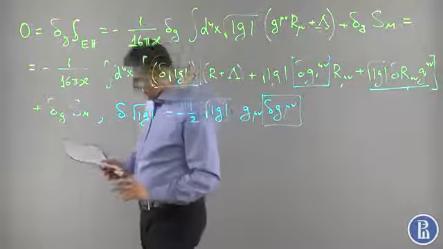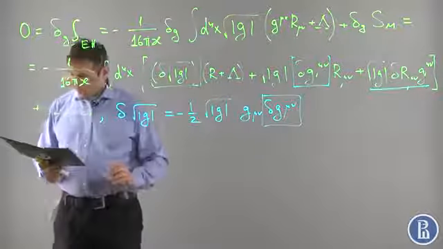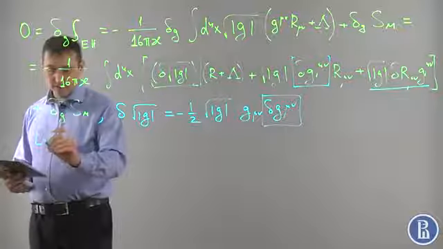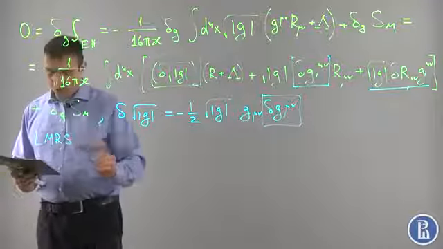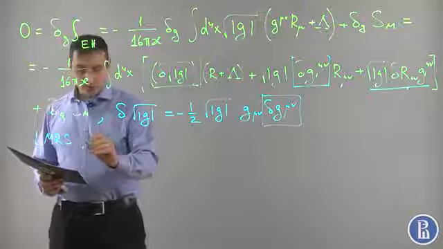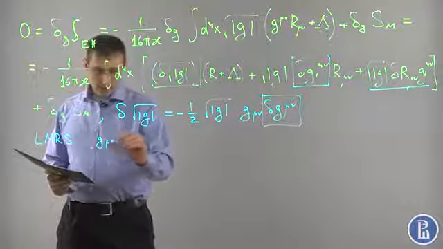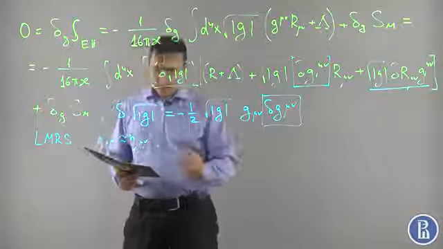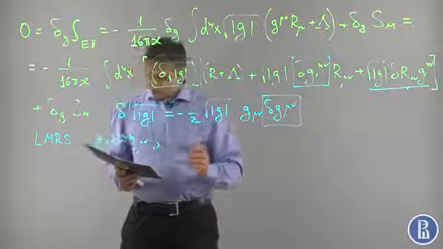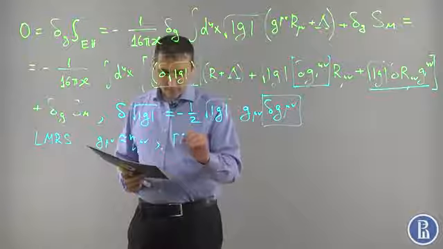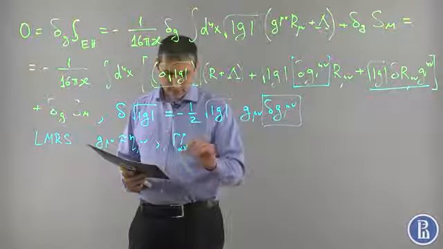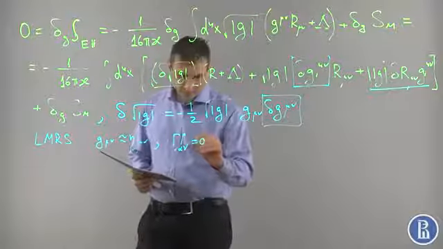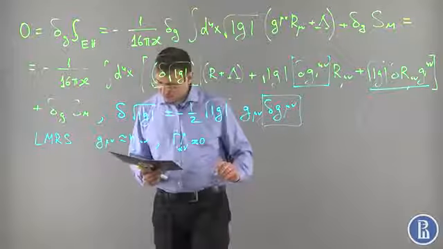To find this term, let us fix a local Minkowskian reference system, where g mu nu is approximately eta mu nu around the point x, and gamma alpha mu nu is approximately 0 around the same point.